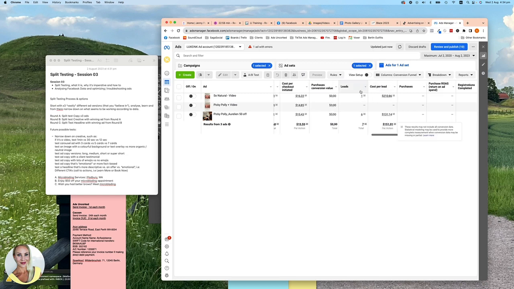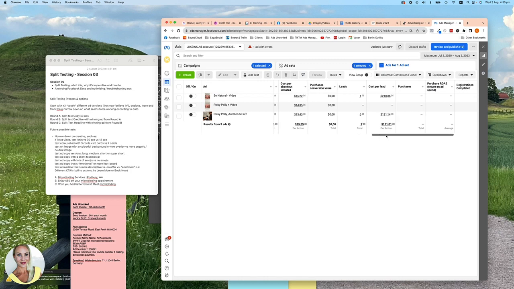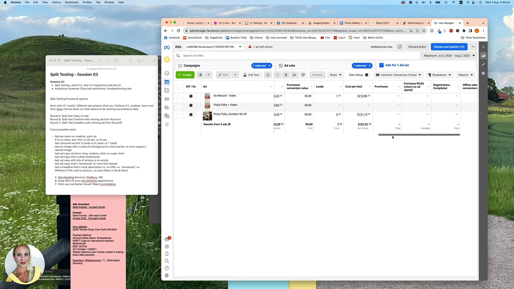Of course, I check the lead as well, which is even further down the funnel. If people are booking a consultation in person or by phone, that of course means that they're warmer. It's technically probably a better ad. And then the very end result we're looking for, of course, is purchases if you're looking for bookings.